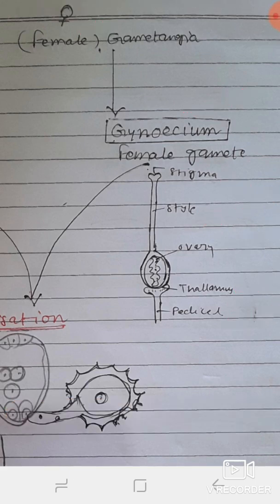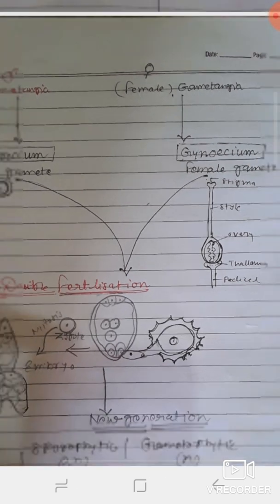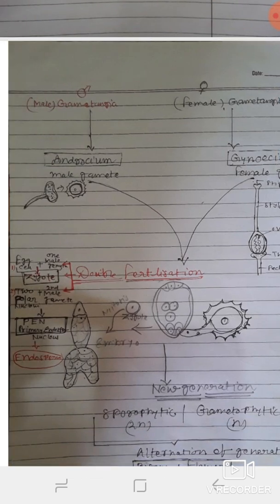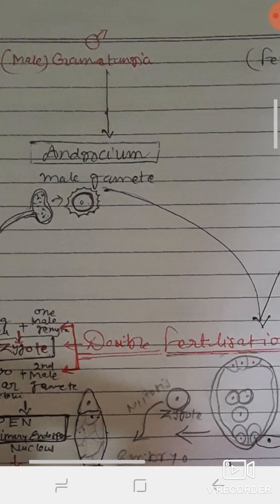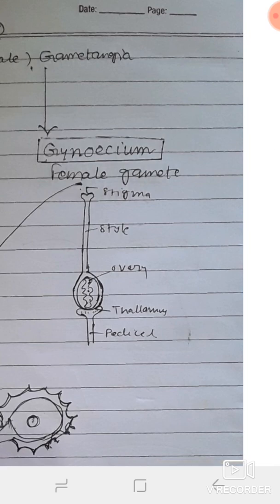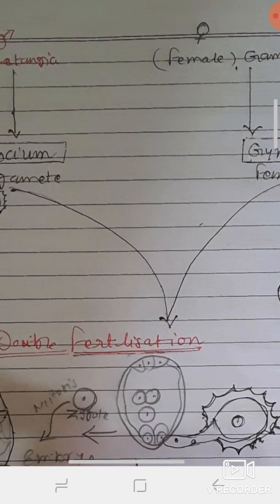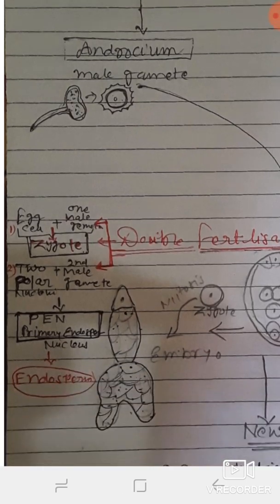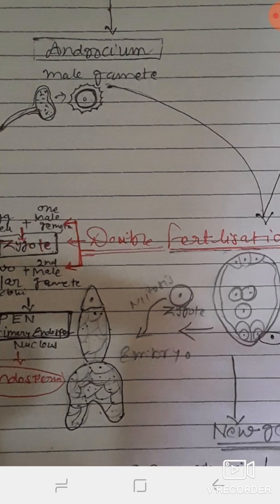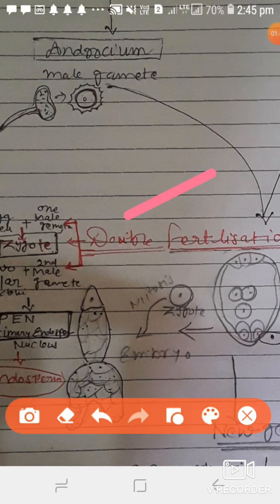When both the male and female parts are mature, the male part is able to produce gametes and the female part also becomes fully mature, then fertilization takes place. As you know, a typical angiospermic plant has a very important situation called double fertilization.